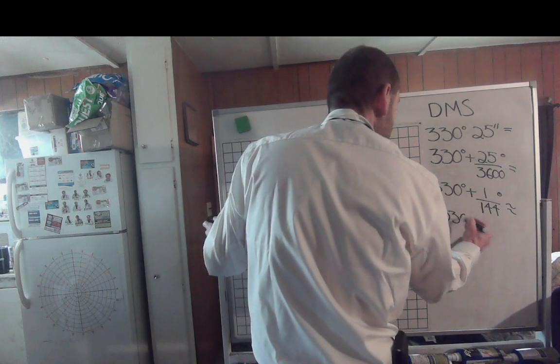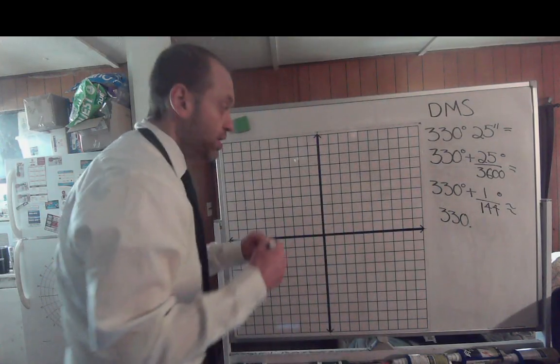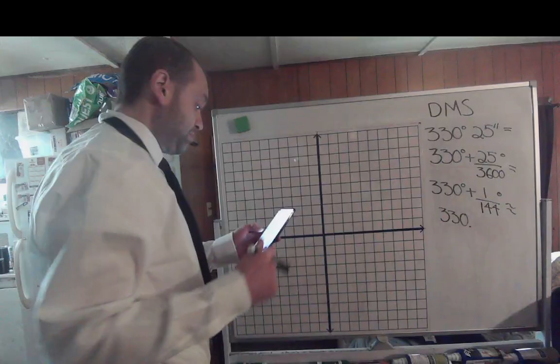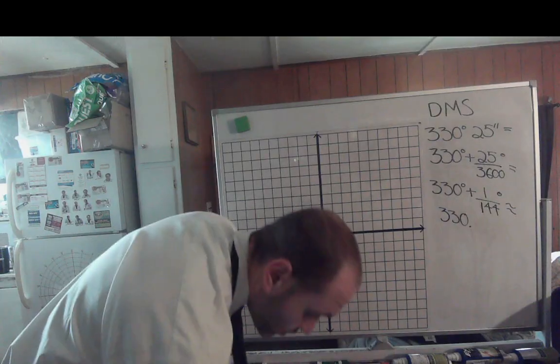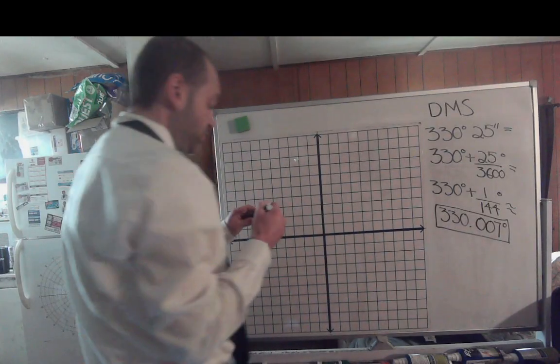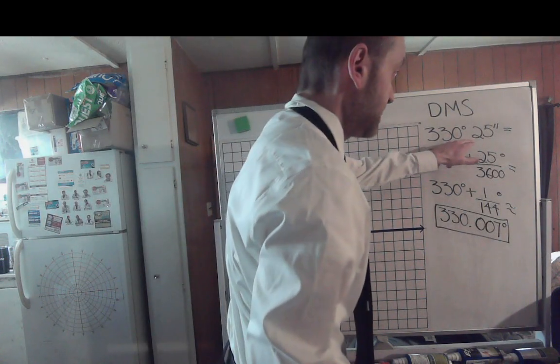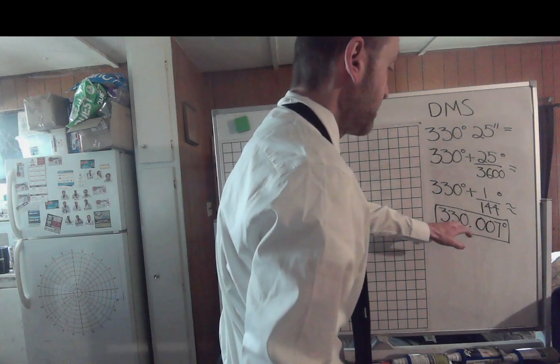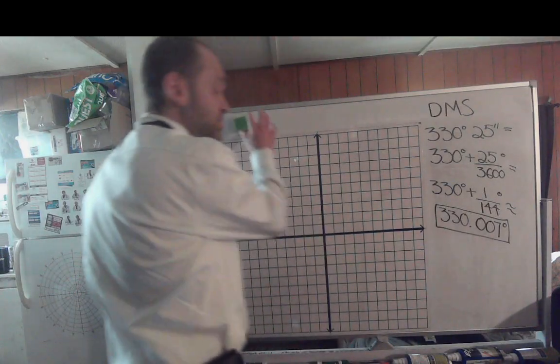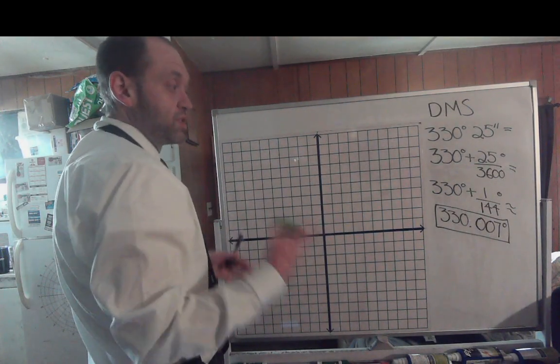This would be approximately 330 point, let's see what 1 divided by 144 is. 0.007. So 330 degrees 25 minutes, I'm sorry, 330 degrees 25 seconds is approximately 330.007 degrees. So that's how you would convert.